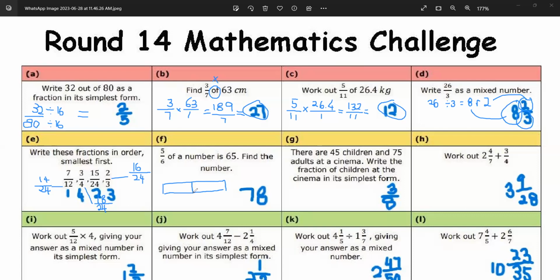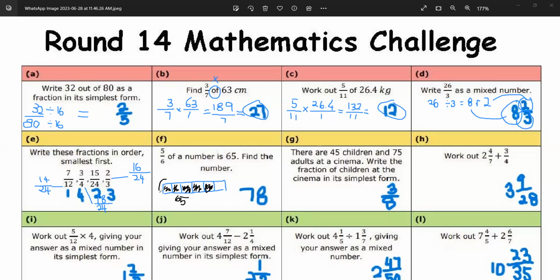So divide it into 6 parts. So 5 out of 6 is 65. So the black part will be 65.